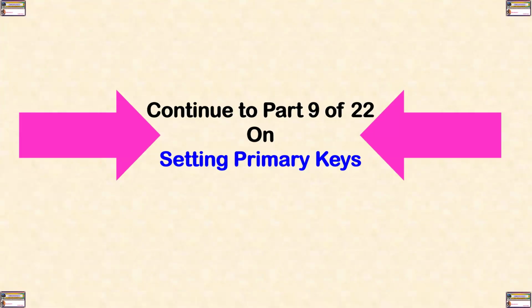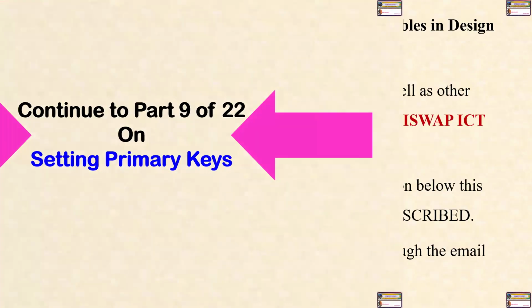A message was being displayed in this presentation asking whether we want to create a primary key or not. So continue to part 9 of the series in which you are going to learn what primary keys are, why they are important, and how we set them.